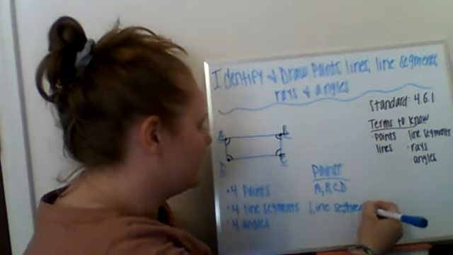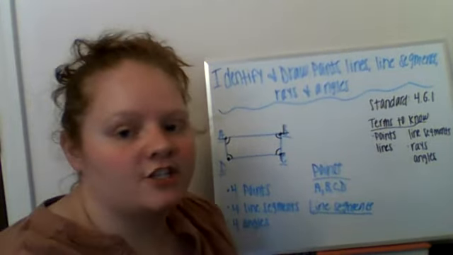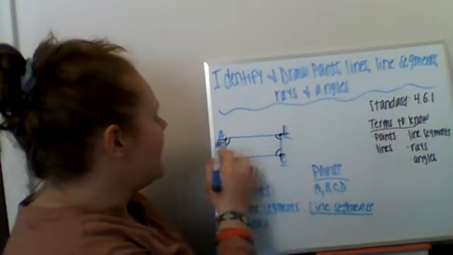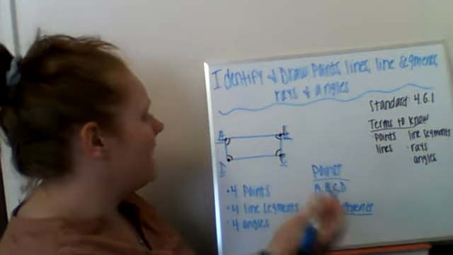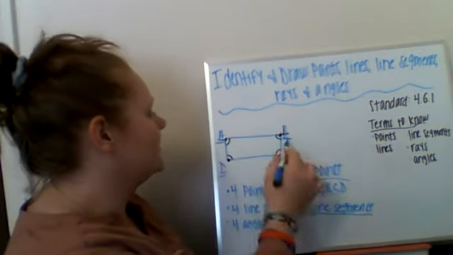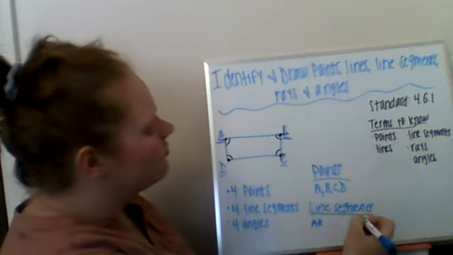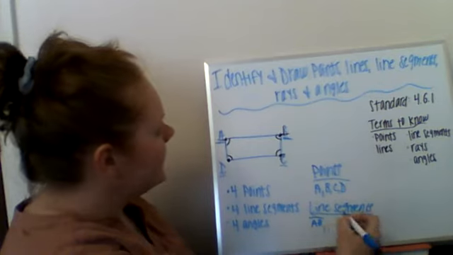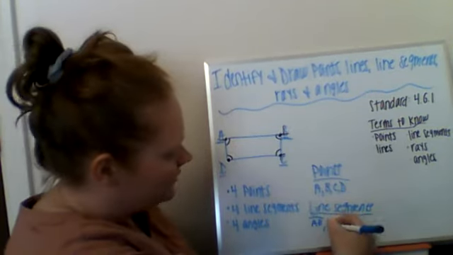If you remember what a line segment is, a line segment just has 2 endpoints. So if I look right here, I see A and B. Those are my 2 endpoints, so I'm going to draw AB. And remember, you represent a line segment with just a line above it. Then I see BC, that's one of my line segments.